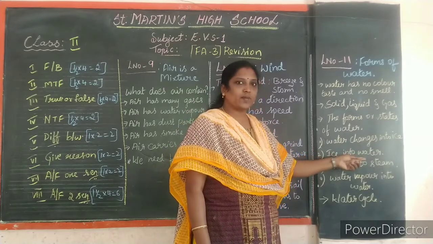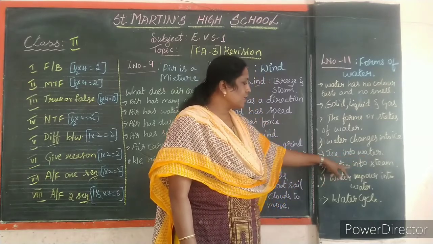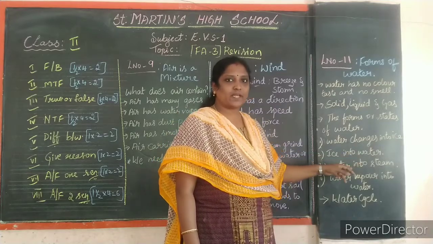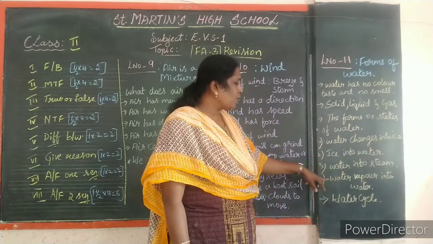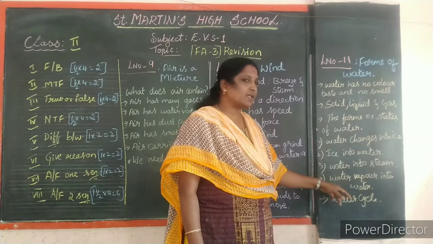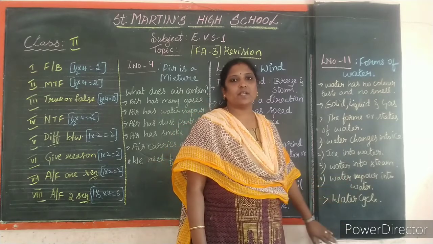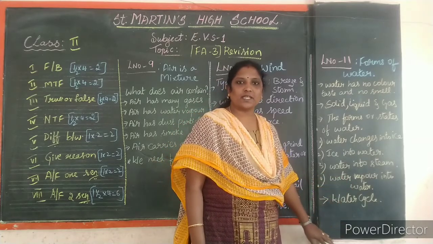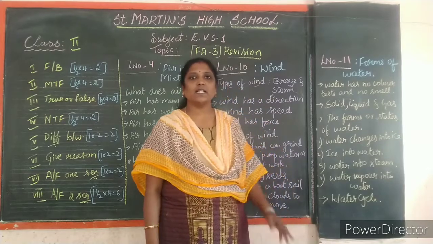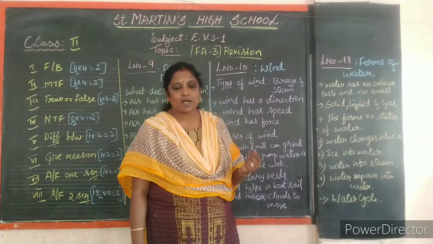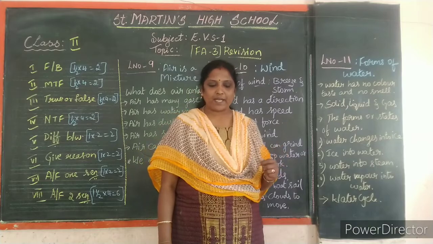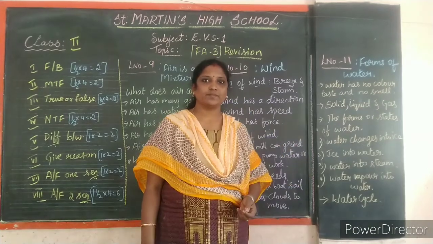Water into steam, that is water vapor, is evaporation. You should remember. And water vapor into water is condensation. And we learned about the water cycle also. What is this water cycle? It is a journey from the earth to the sky and back to the earth.